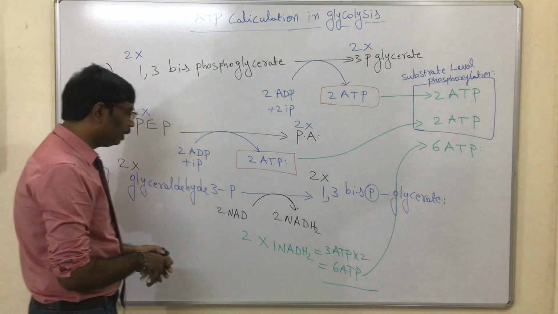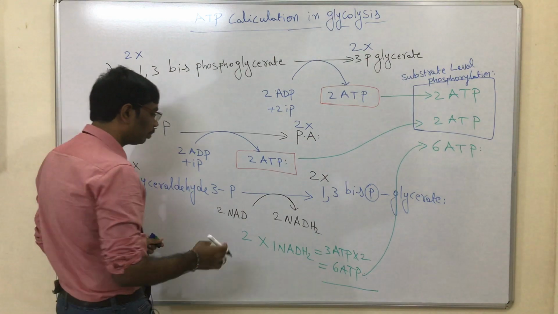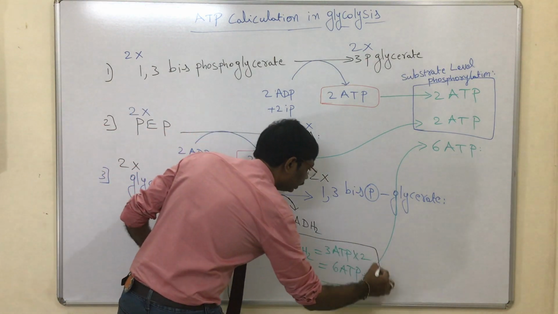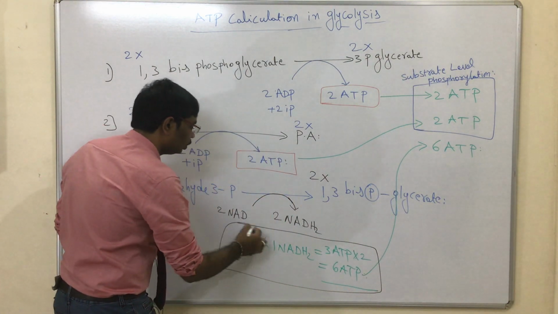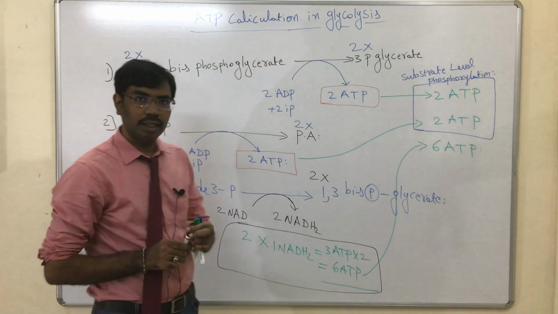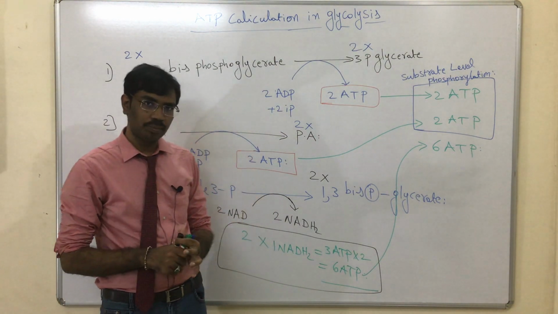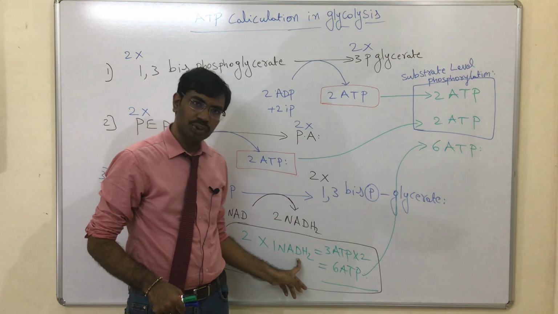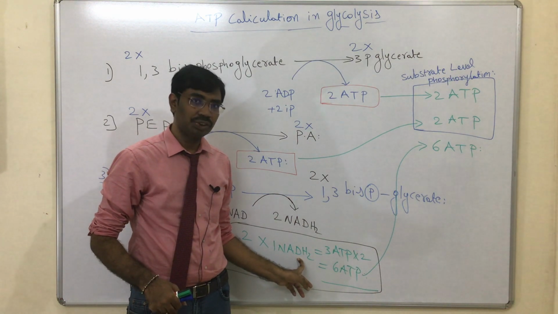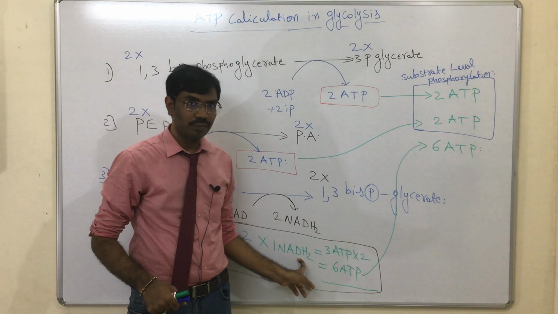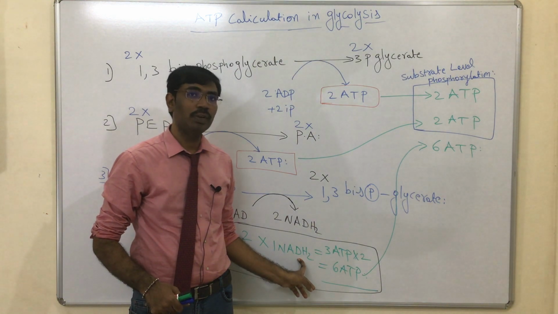Another set of ATPs I will represent with the black box. Here, the 2 NADH2 enter into the electron transport system. In the electron transport system, the NADH2 is oxidized, and during the oxidation of NADH2 there is a production of ATPs.